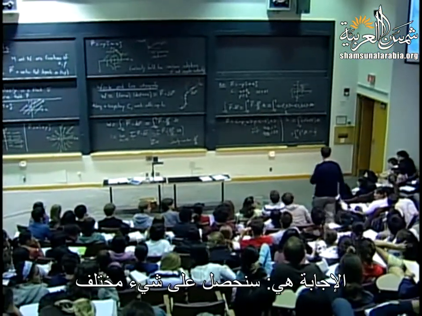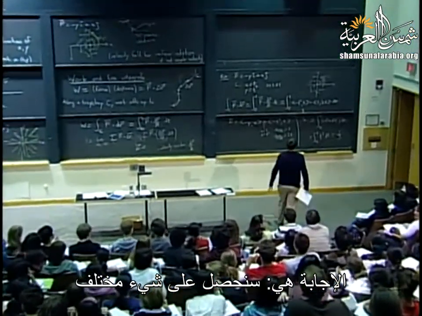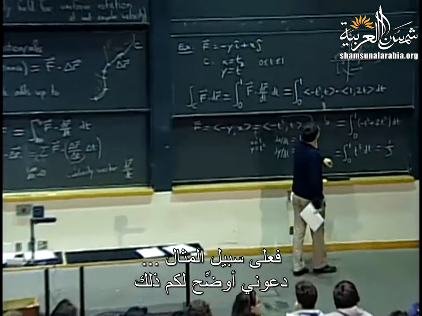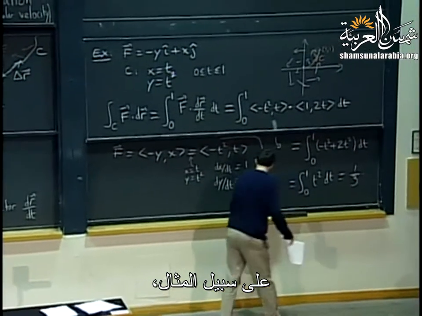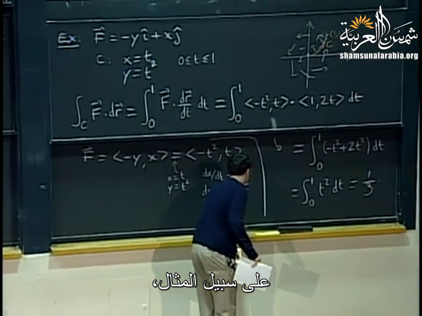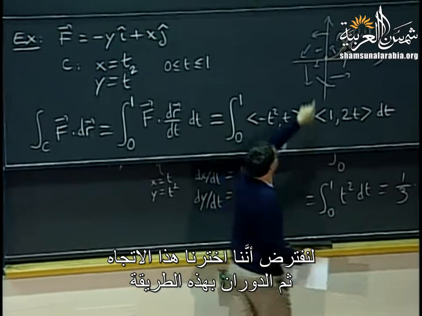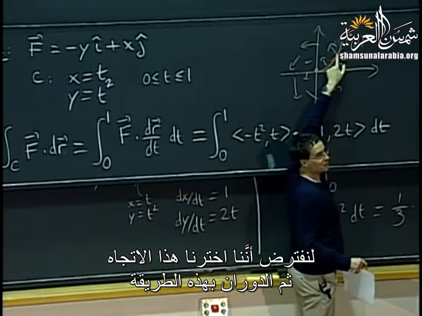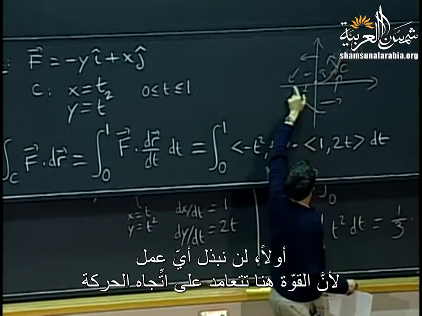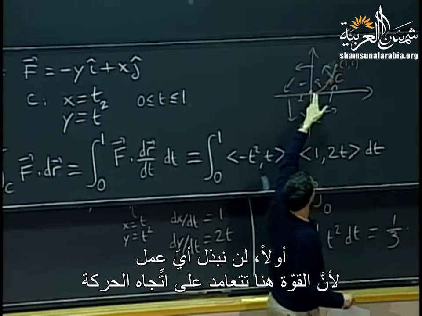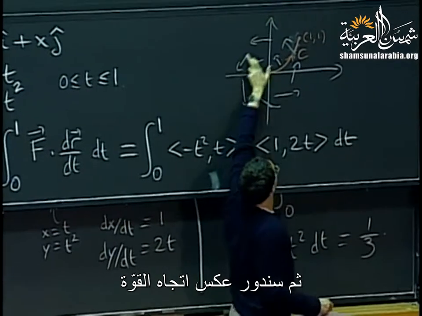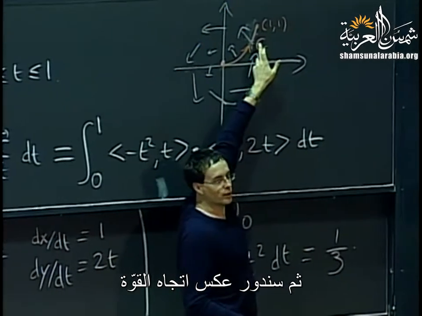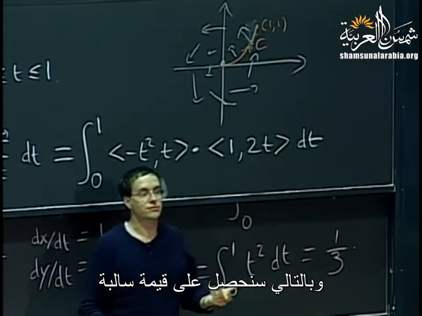Well, the answer is I would get something different. Let me try to convince you of that. Say I chose to instead go like this and then around like that. First I wouldn't do any work because here the force is perpendicular to my motion, and then I would be going against the force all the way around, so I should get something that's negative.